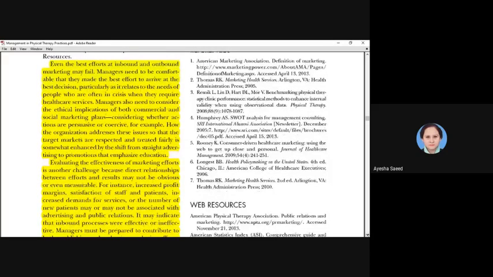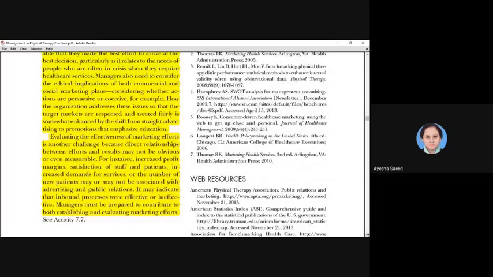Evaluating the effectiveness of marketing efforts is another challenge because direct relationships between efforts and results may not be obvious or even measurable. For instance, increased profit margins, satisfaction of staff and patients, and increased demand for services or the number of new patients may or may not be associated with advertising or public relations.